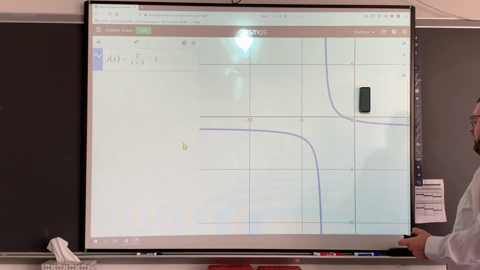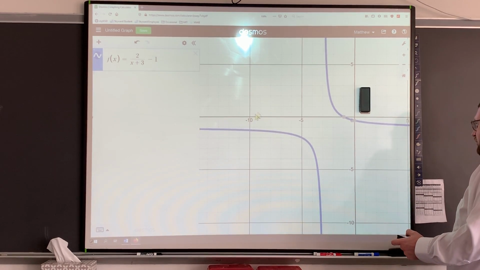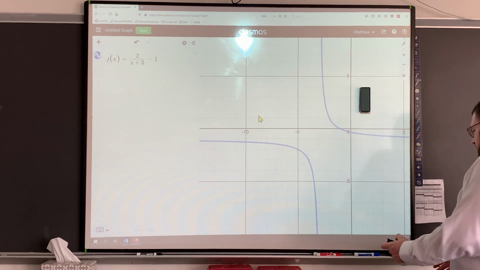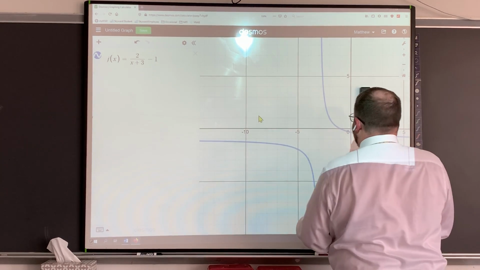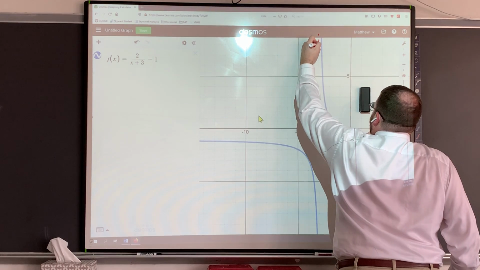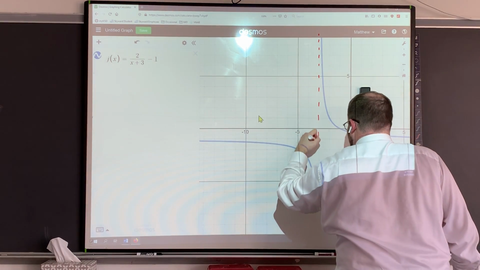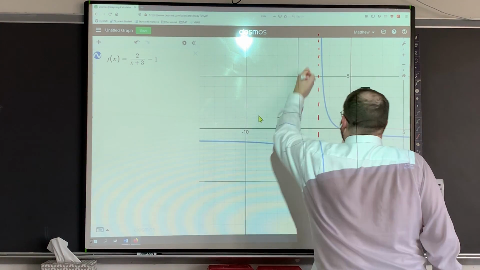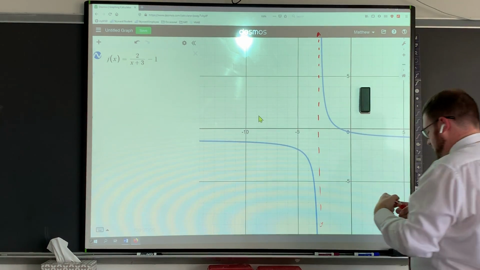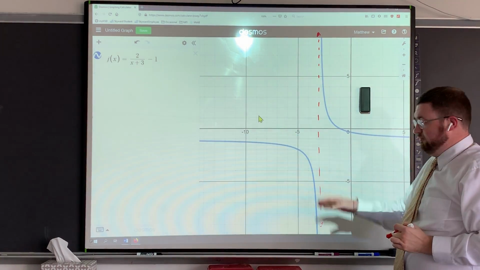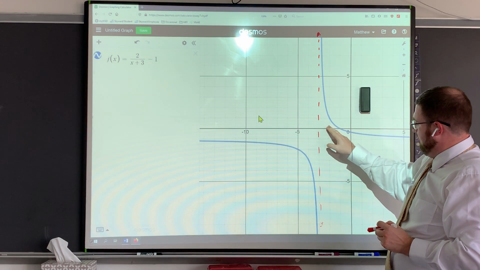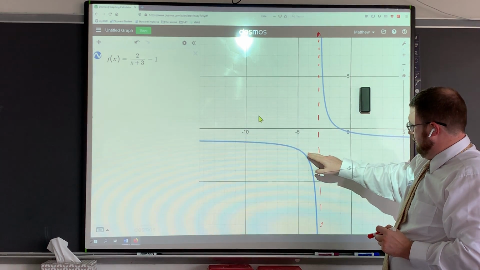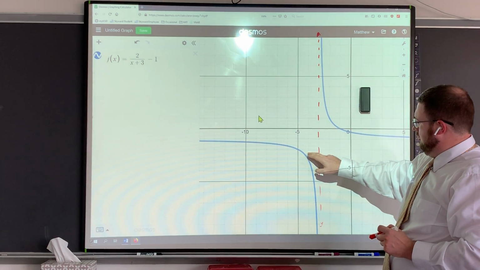So this is what our graph looks like. Right here at where the x value equals -3, if we're graphing this by hand, and we'll talk about this in more detail in a couple of months, we're going to put a dotted line to show that it never reaches that line, and we'll talk about what that's called later.